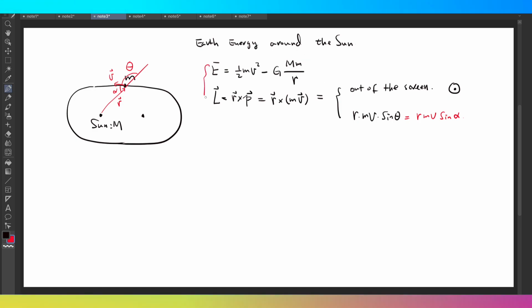All right, let's talk about two special places. One place is closest to the sun, and this position is called perihelion.